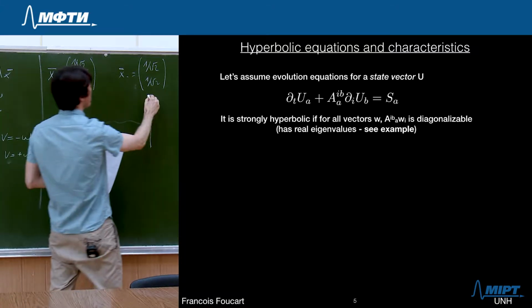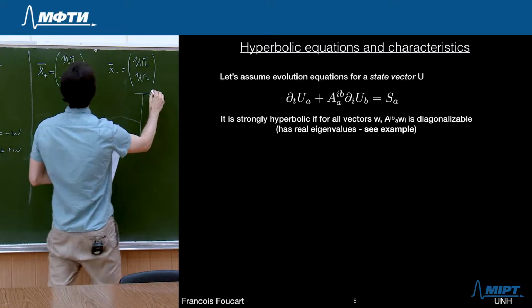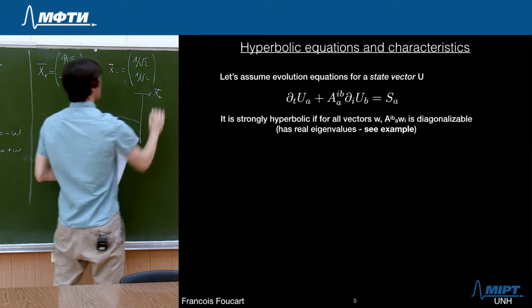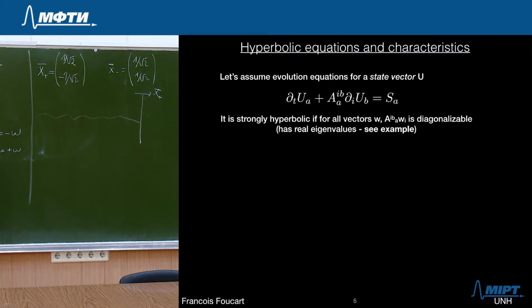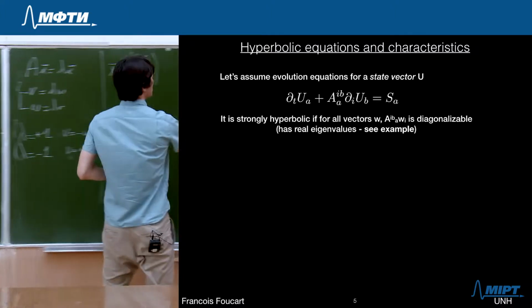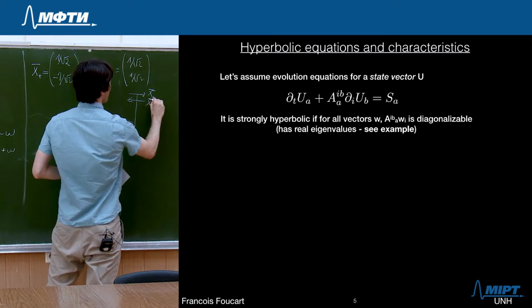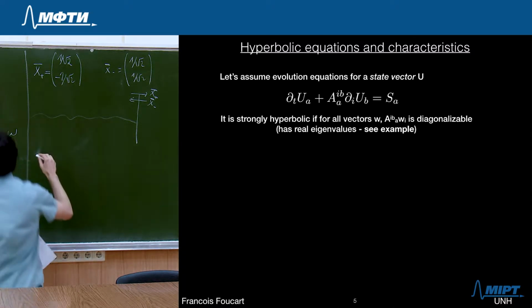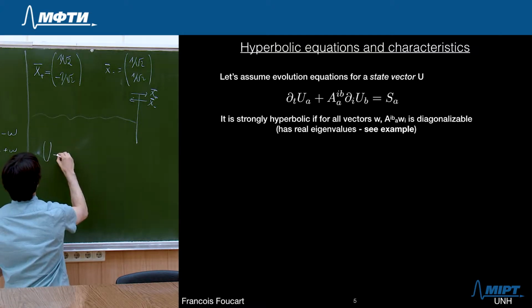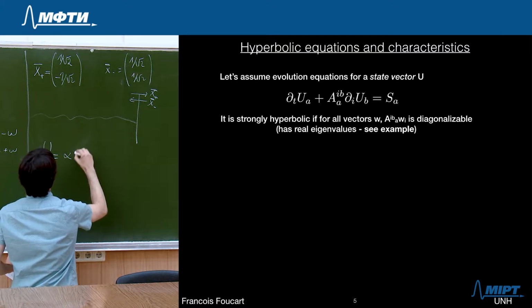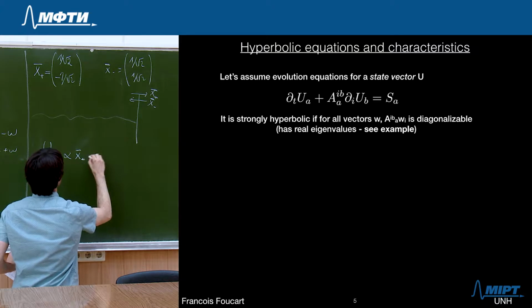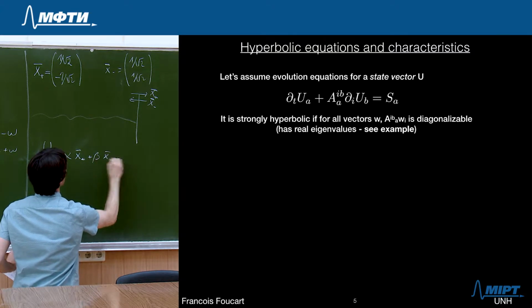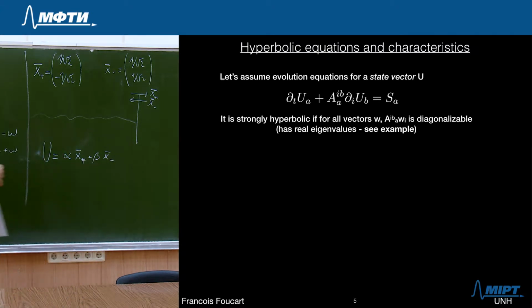I know that there is a mode x plus, which is moving at a speed of 1 to the right, and the mode x minus, which is moving at a speed of 1 to the left. And so my general solution, u, has to be some combination of these two at any point, just by superposition of the solutions.